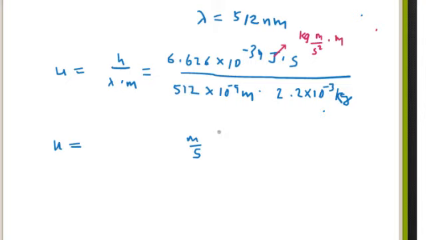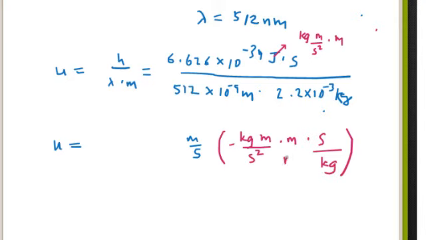So we can rewrite them. I'll write the units down here, just so you can see how to cancel them. Kilogram meters per second squared times a meter times this second here, divided by kilograms, that's this kilogram here, divided by meters, that's this meter here. So you can see the second cancels here with one of these, the meters like this, the kilograms like this. So you get meters per second.